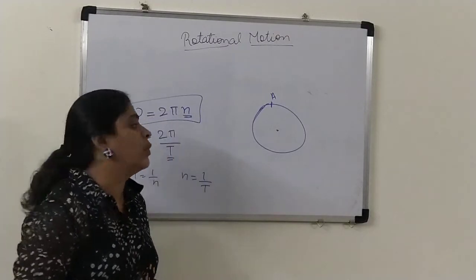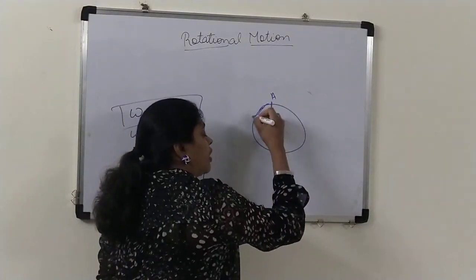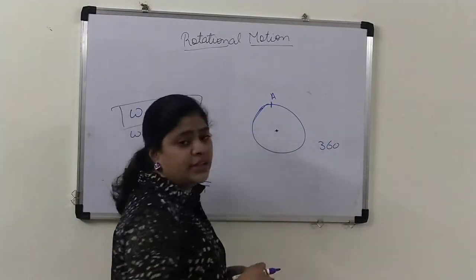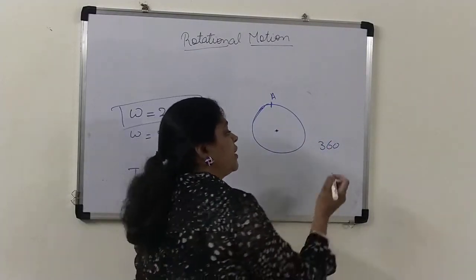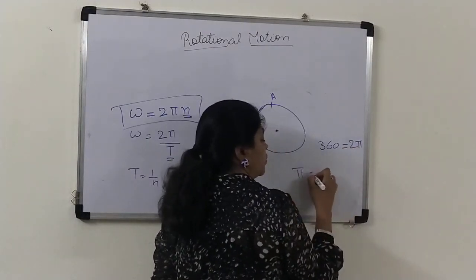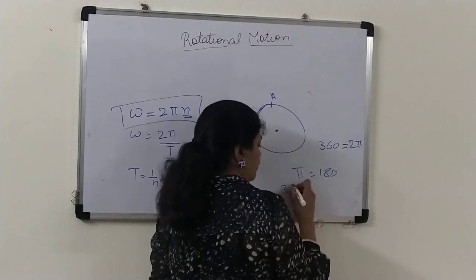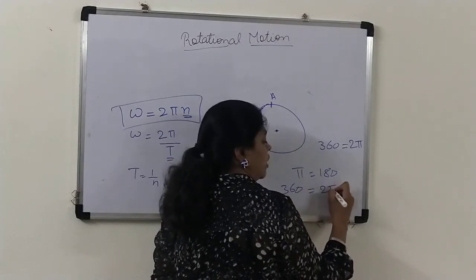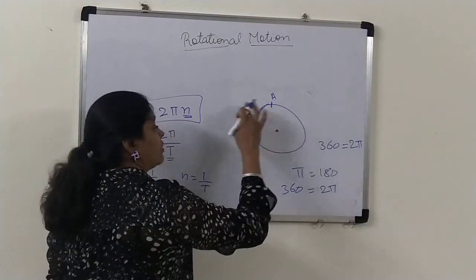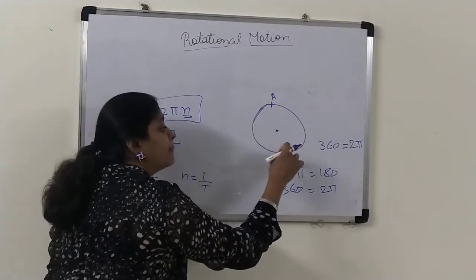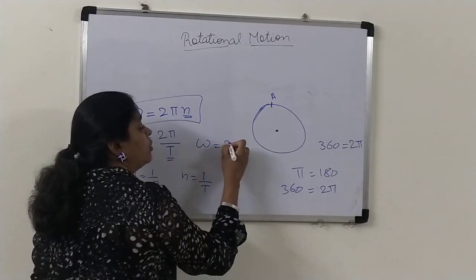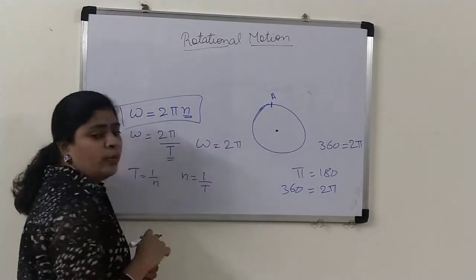For a complete circle, the angle is how much? 360 degrees, and in radians, 2 pi. Pi is equal to 180, therefore 360 is 2 pi. When you say 2 pi, that means the complete circular motion. That's why omega is equal to 2 pi.